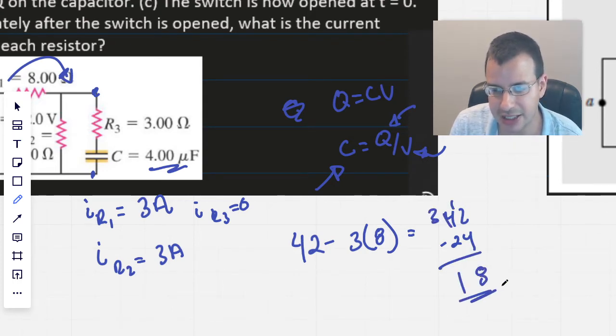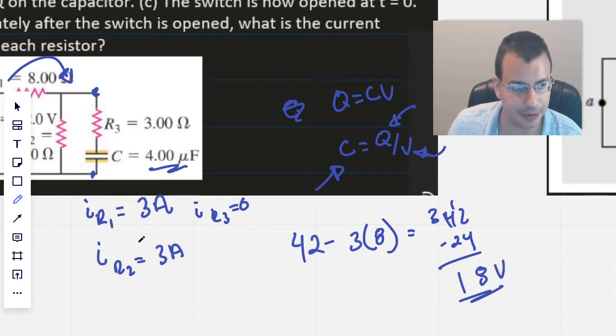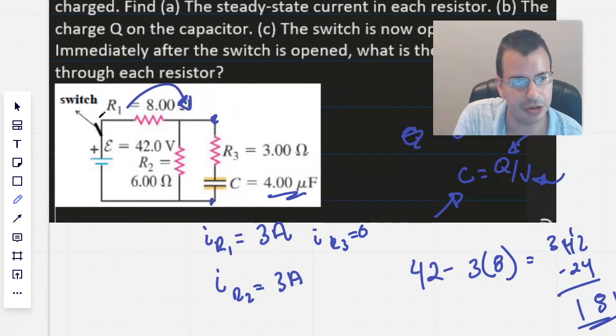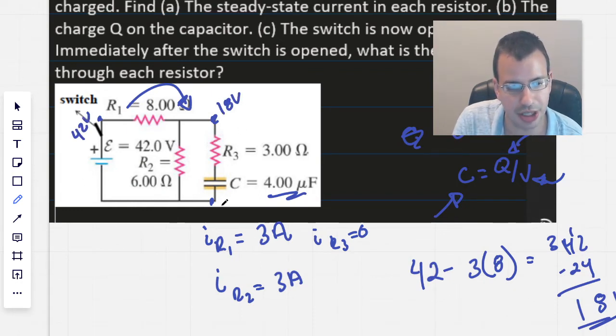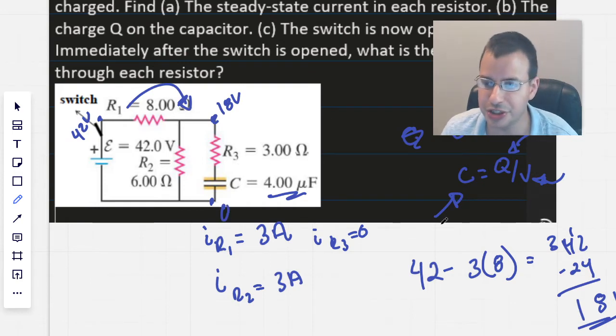So we have 18 volts left over. We have 42 volts here, then 18 volts, and since it goes back to the battery, which we assume the other side is 0, we have a voltage difference of 18.